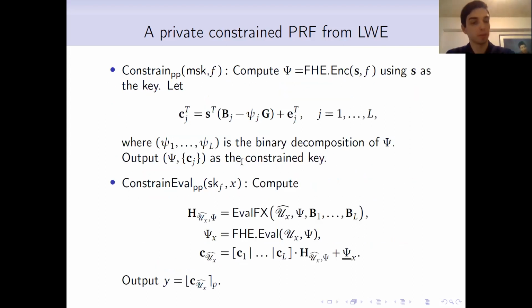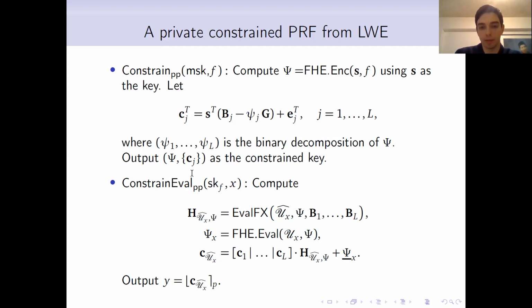When we want to give a constrained key for a constraint F, we first compute psi as the fully homomorphic encryption of F, using S as the secret key. And then we compute these vectors c_j of this form, where we have one for each bit psi_j of the binary representation of psi.